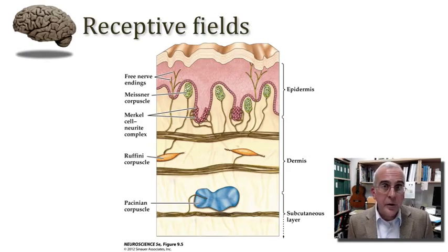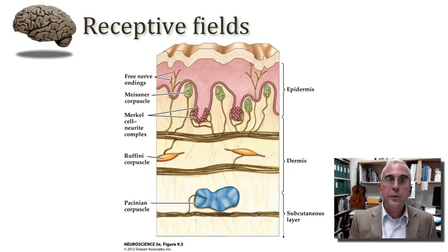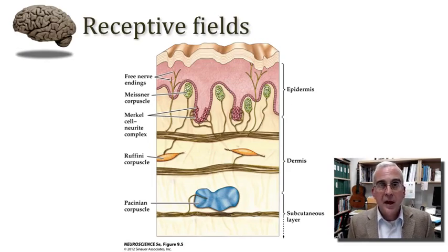So for neurons in the cerebral cortex, for example, what really determines the size of the receptive fields will be the degree of convergence. And for neurons in the cortex, large receptive fields are created by a high degree of convergence, that is, many neurons at lower levels of the sensory pathway converging onto the same cortical neuron, whereas smaller receptive fields are created by minimal patterns of convergence, that is, fewer numbers of cells at antecedent levels of a neural pathway converging as information is transmitted onto the level of the cerebral cortex.